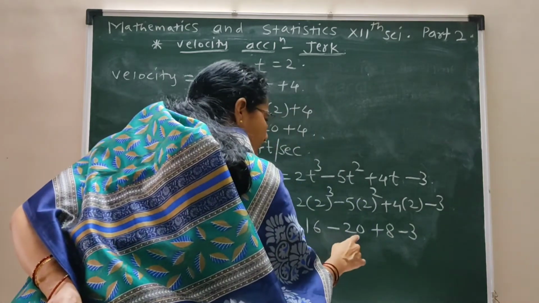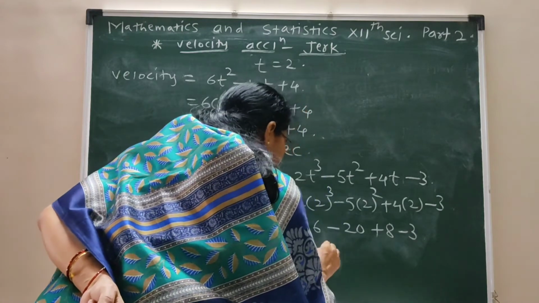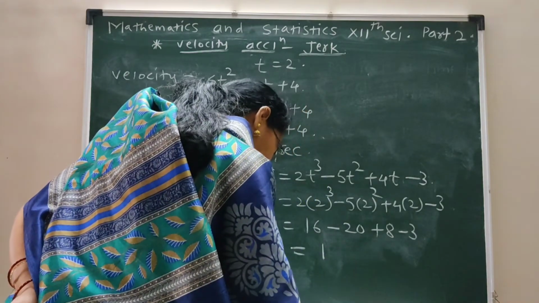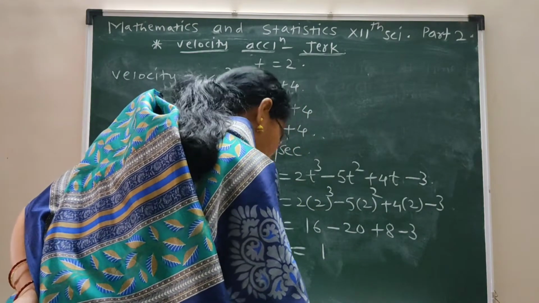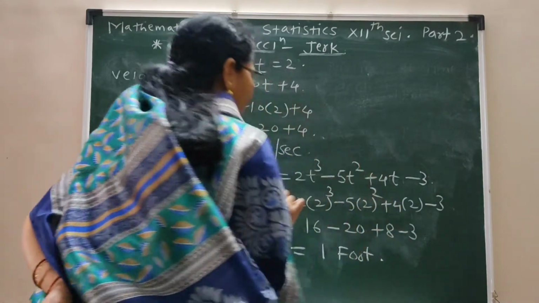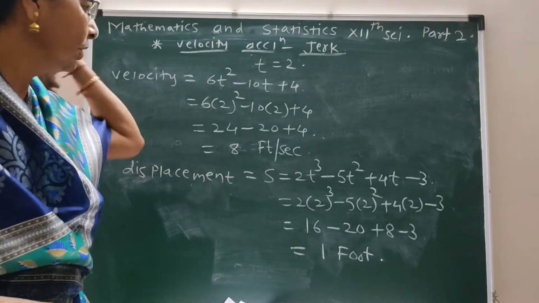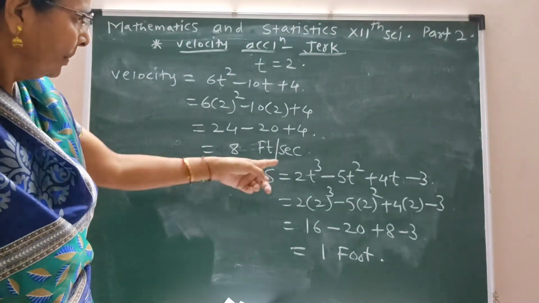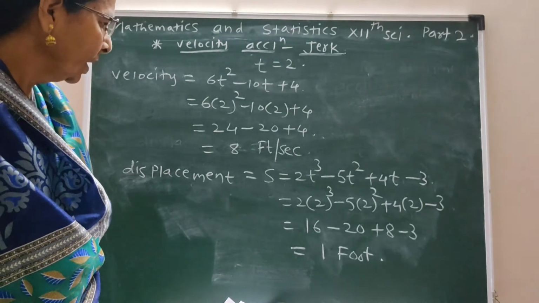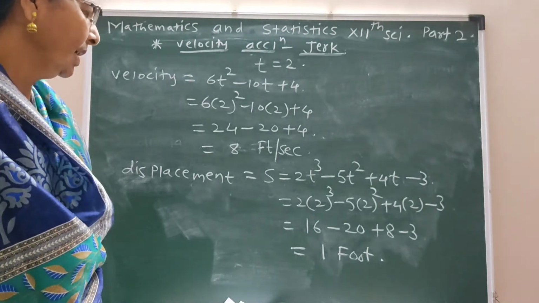So 16 minus 20 plus 8 minus 3. Put t properly as 2 and calculate. 1 foot is the answer for displacement.